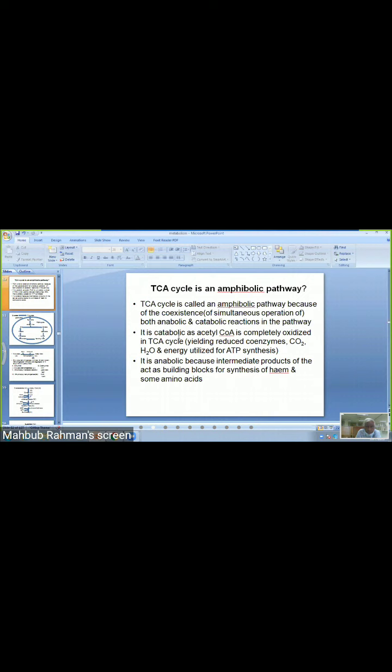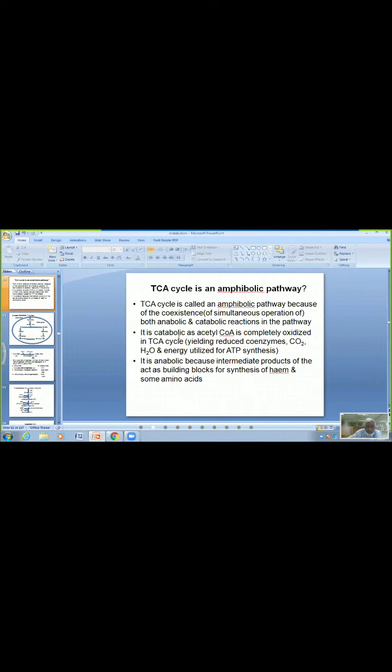Is it clear? That energy, produced in the respiratory chain, is ultimately used for synthesis of ATP. So it is catabolic because acetyl-CoA is completely oxidized in the TCA cycle.